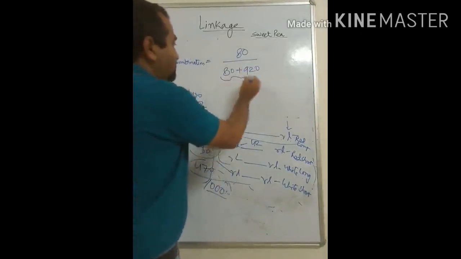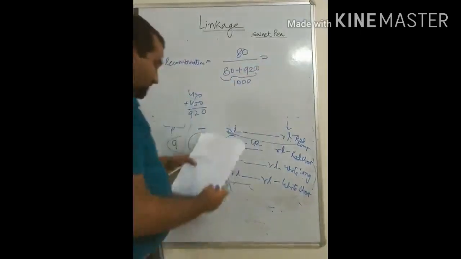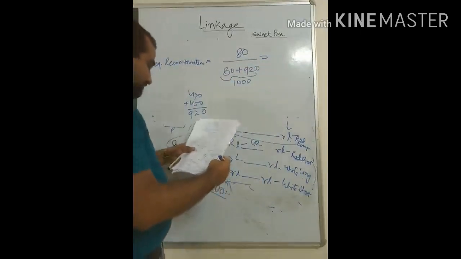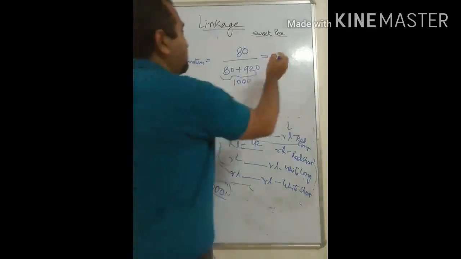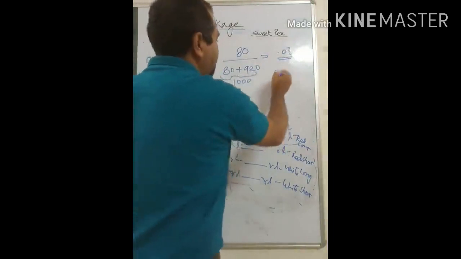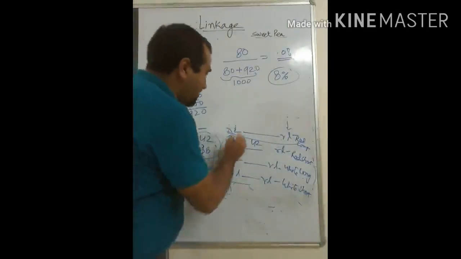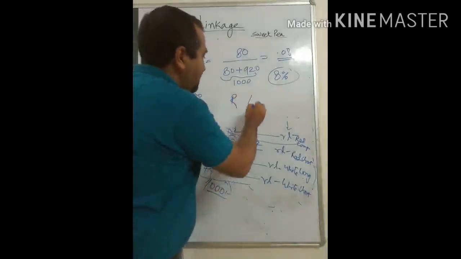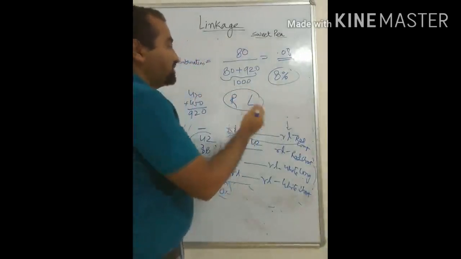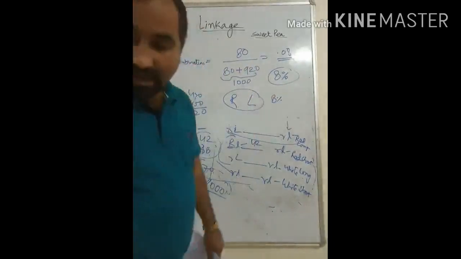So this makes 1000. So the frequency of recombination is 0.08, that is 8%. It means the gene R and gene L have a frequency of recombination of only 8%.